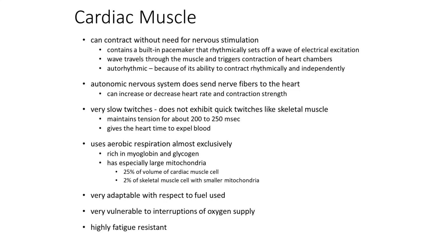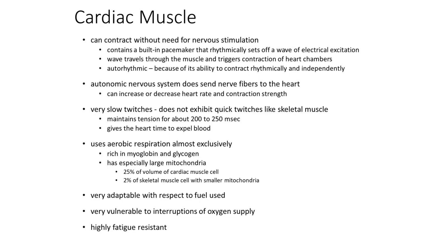It is what we say is autorhythmic because of its ability to contract rhythmically and independently. The autonomic nervous system does send nerve fibers to the heart, and this can increase or decrease your heart rate and the strength of contraction. And this depends on what you're doing and your activity level.